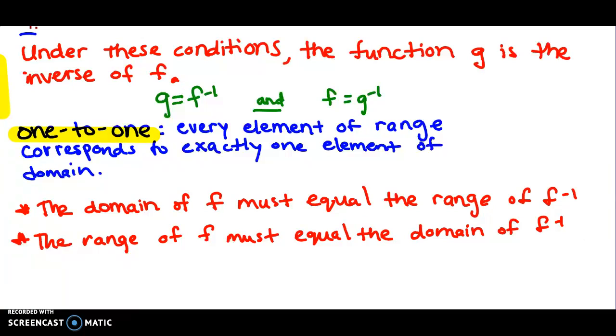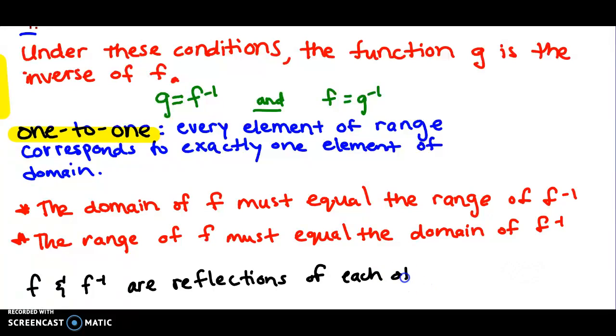Last note that we're going to write to ourselves is that f and f inverse would be reflections, so if we're thinking about a graph, reflections of each other over the line y equals x.